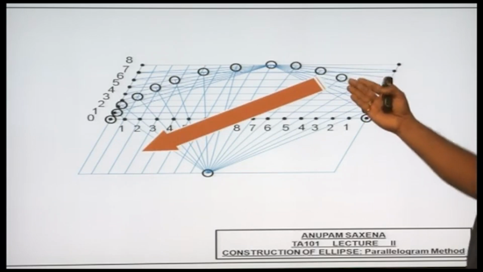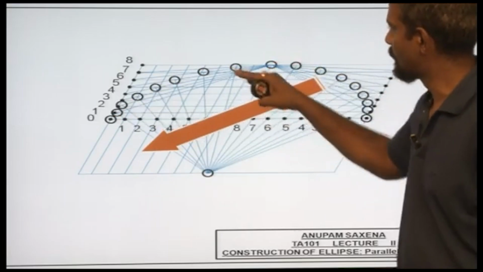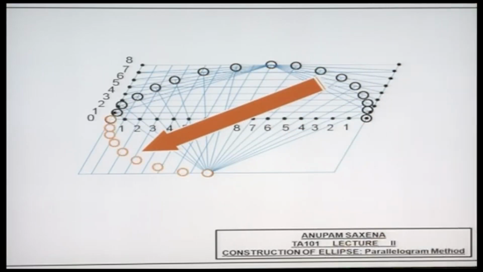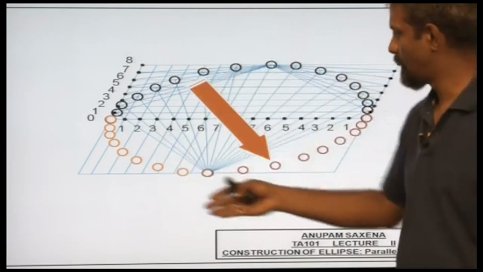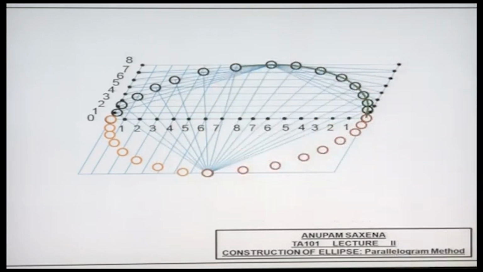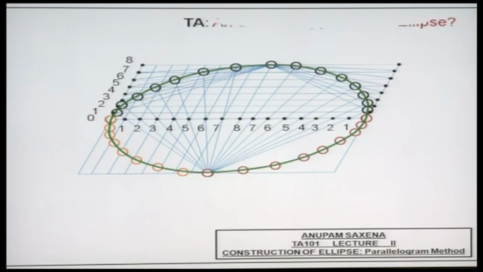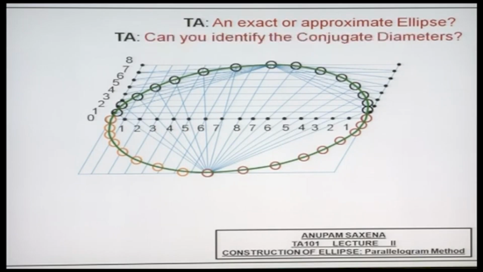And what I could do is I could mirror these sets of points over there, mirror this set of points over here, and once I have these points, essentially all these points, they happen to be lying on the ellipse. All right. Okay. Now you try to figure if this is an exact or an approximate ellipse. Also, is it possible for you to identify the conjugate diameters? Try to figure it out.